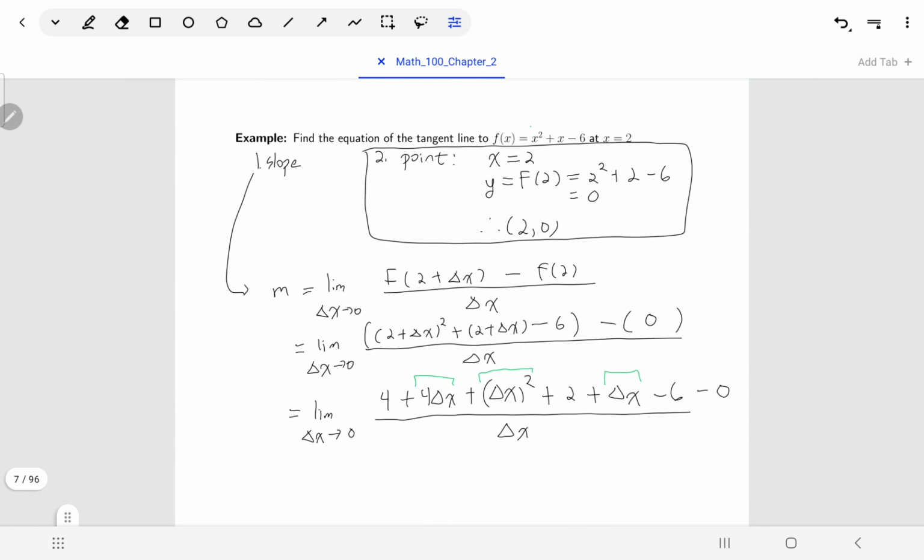And conveniently enough, this function is a polynomial function. We know it's defined for all x's. So at x equals 2, there's a little bit of the function that's to the right of it, and there's certainly some more function that's to the left of it. So 2 is inside of an open interval where f is defined. So that meant that we were already in a good position to go ahead and try to find the slope of our tangent line.